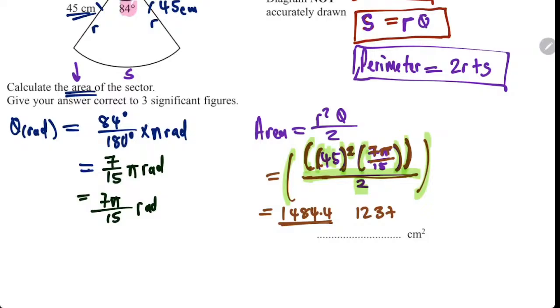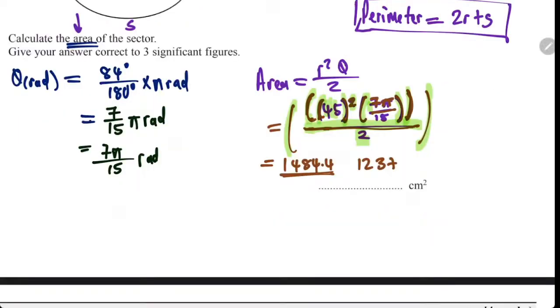Going to punch and say, quickly do 45 squared divided by. You should get 1484.4. Ilang, try it again. You should get 1484.4.